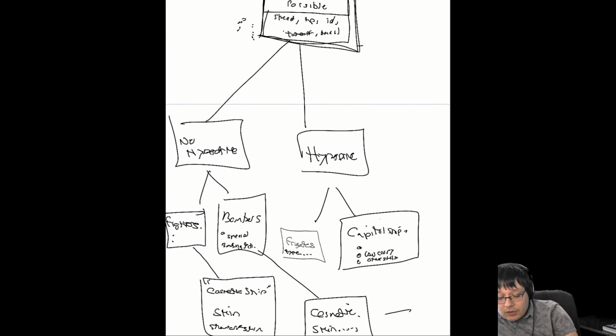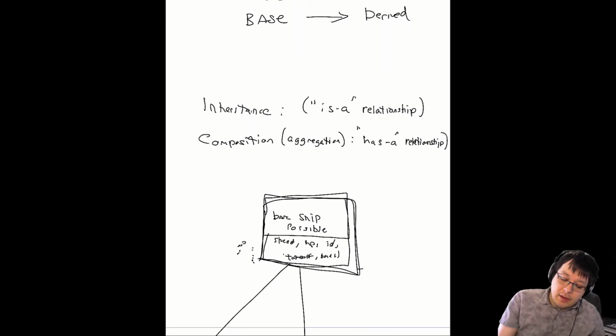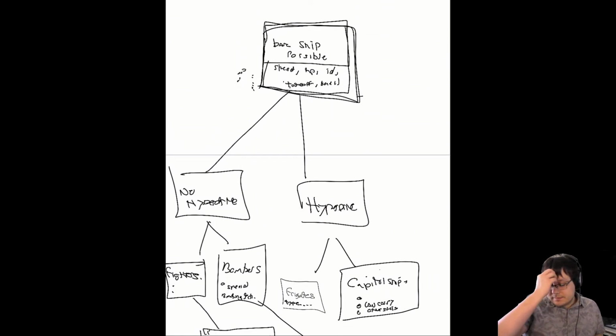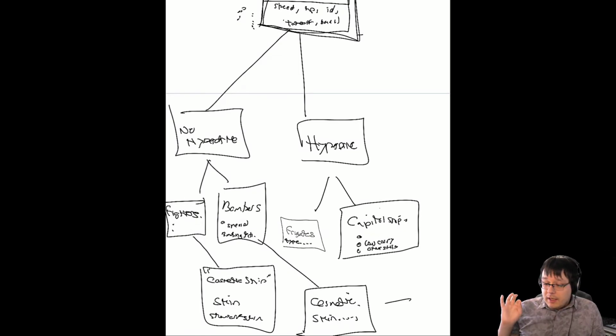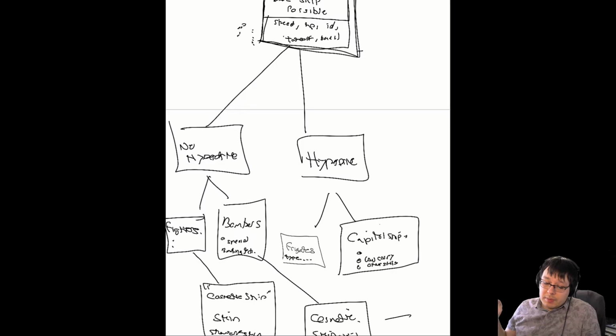Okay. Because here's the thing, if we go back to our relationship thing about inheritance versus composition, we can say that a bomber is a ship. Okay, that is a ship. A capital ship is also a ship. A fighter is also a ship.